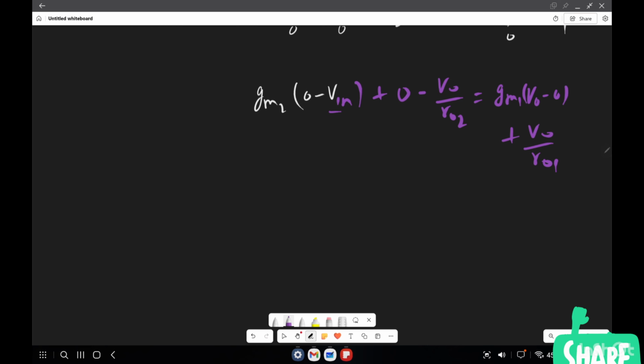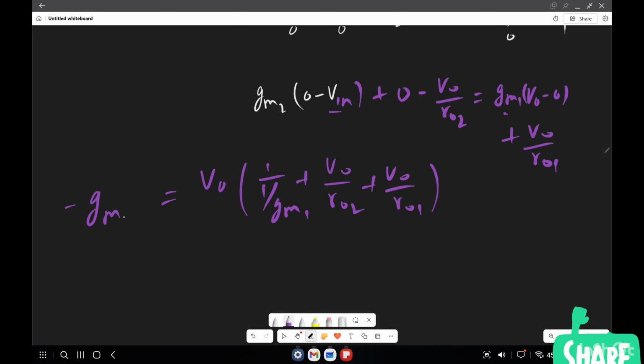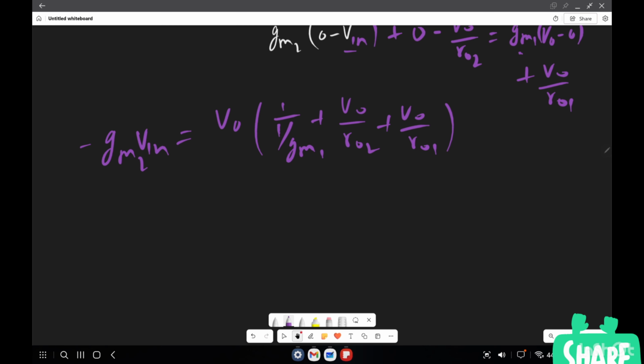Now you have the Vin and Vo equation. So we can write Vo into 1 upon 1 by gm1. We are making it 1 upon 1 by gm1 just to make them all similar. Vo upon r2 plus Vo upon r1 is equal to minus gm2 into Vin.